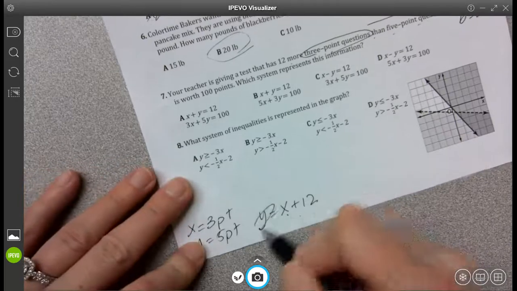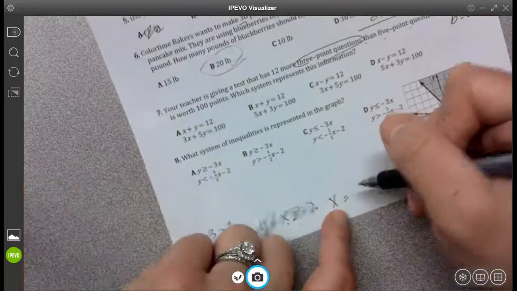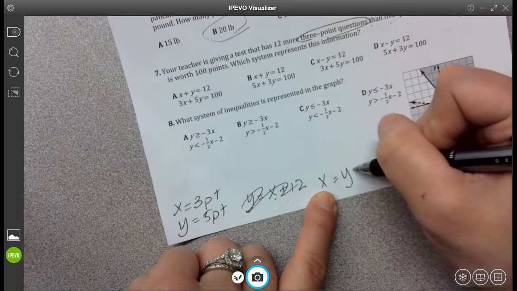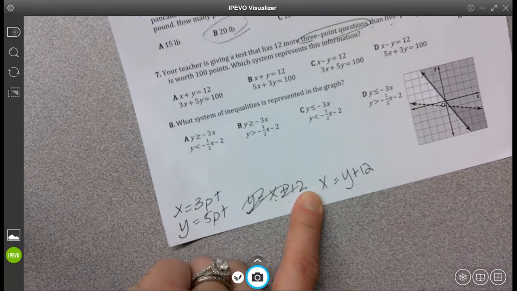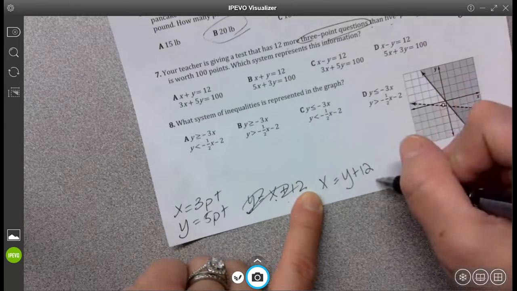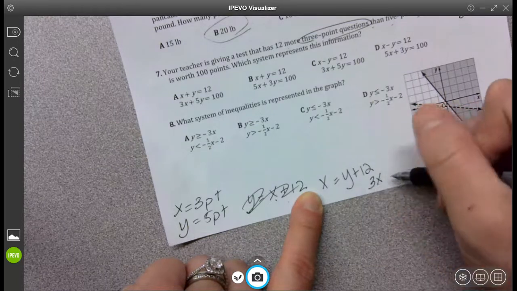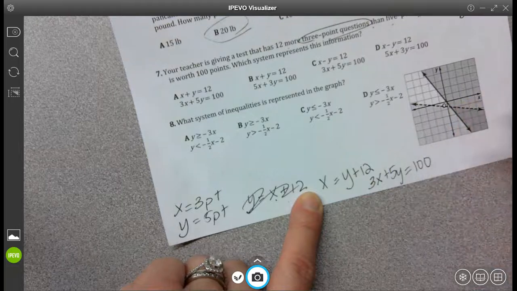That doesn't make sense. Okay. Here's the 3-point questions, and it is 12 more. So it's your Y questions plus 12 would give you your X. Okay. And then it's saying 3-point questions and 5-point questions equal 100 points.